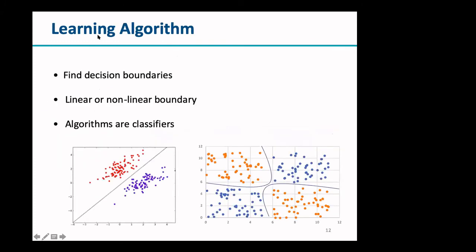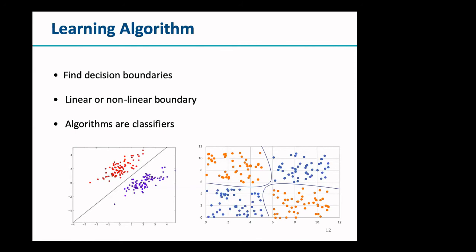In classification, the aim is to find these decision boundaries. These decision boundaries can be linear. For example, here you have a line for dividing the data samples into different classes, so you use linear classification methods. And here it is not possible to use linear classification to divide the samples into two categories.